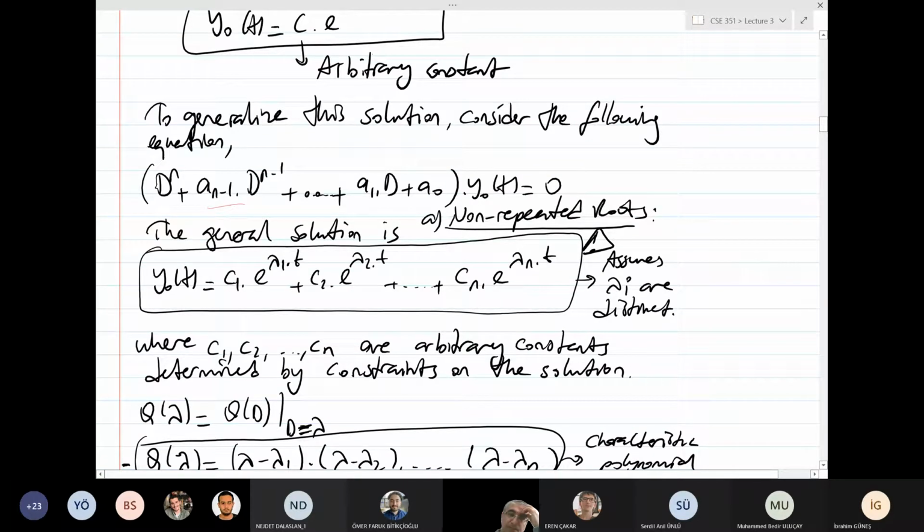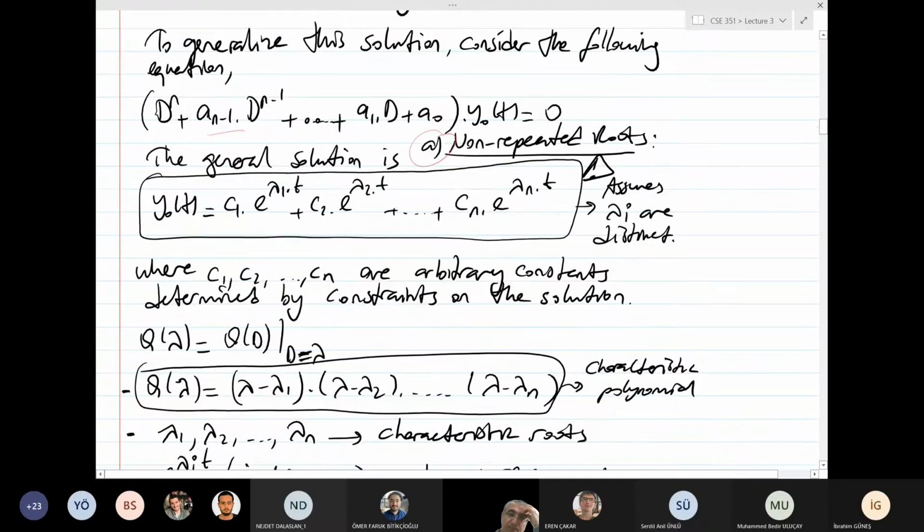The roots of this equation can be repeated or non-repeated. The solution varies according to the type of roots. If they are non-repeated, we need to develop a solution. If the roots are repeated, we have a different solution. Let's develop the solution for the first case, the non-repeated roots.